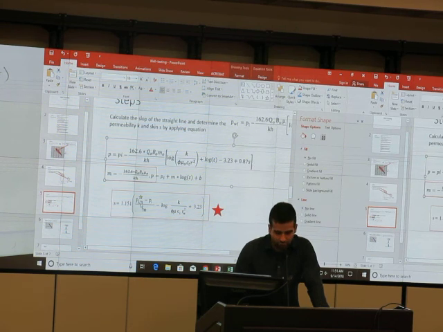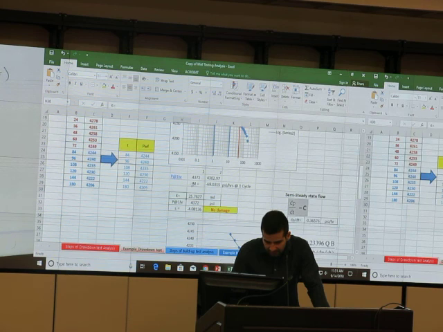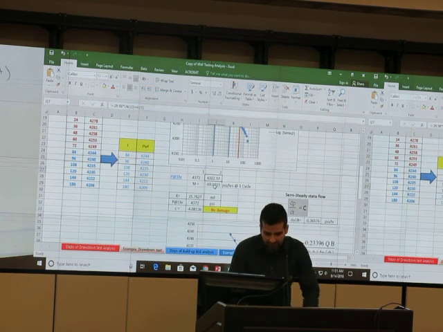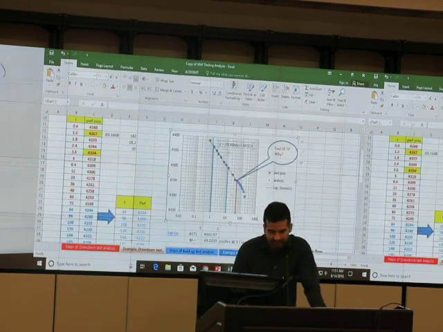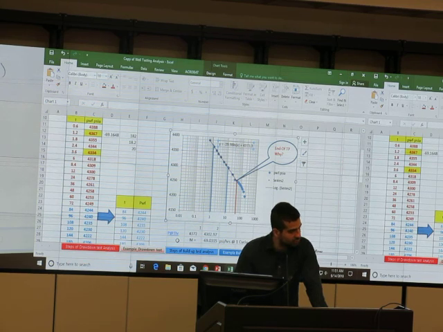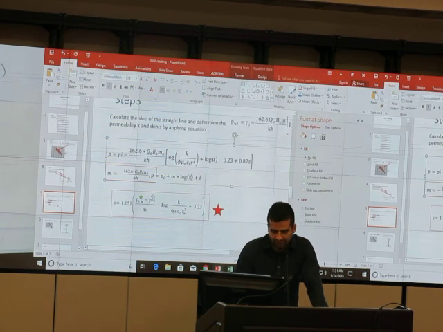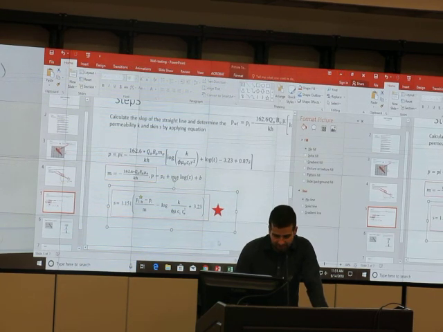This equation, you can make it through the data, and your pressure is a function of time. Using this, you can get the pressure at time equal 1 hour. After that, you can get the S by just putting it here.